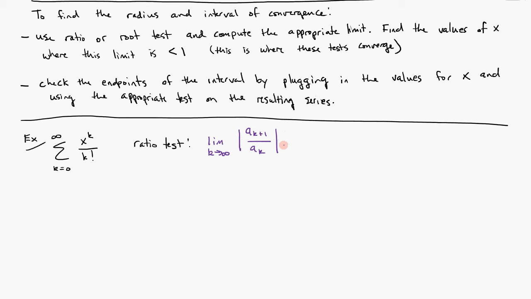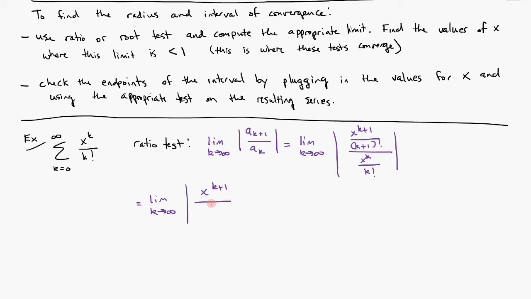Okay, so now let's compute this limit. So this is the limit as k goes to infinity of x to the k plus 1 over k plus 1 factorial, over x to the k over k factorial. Let's rewrite this fraction as x to the k plus 1.